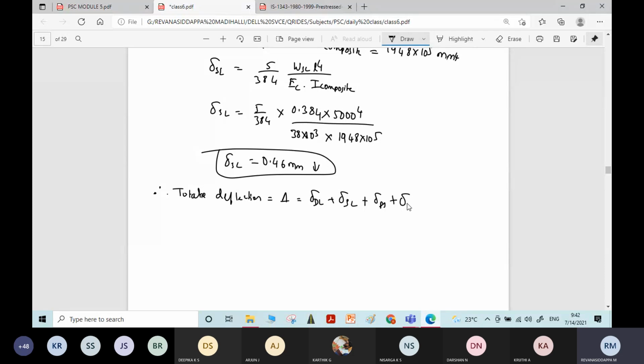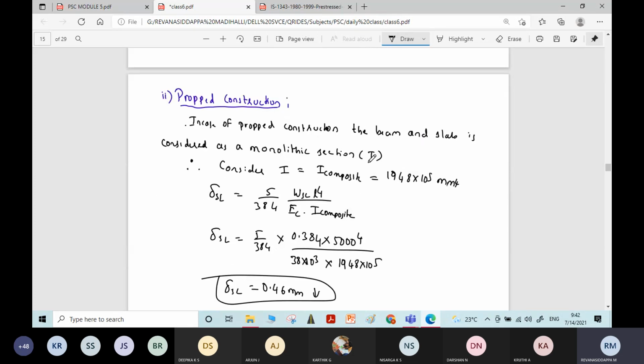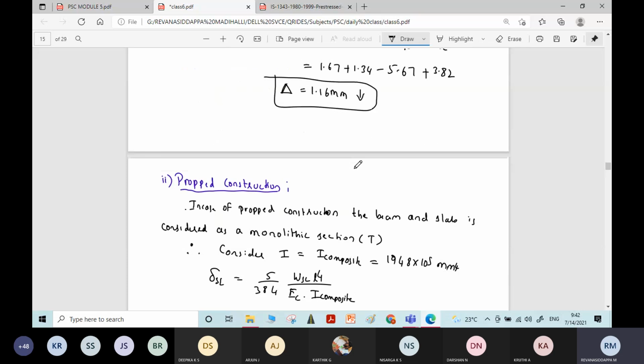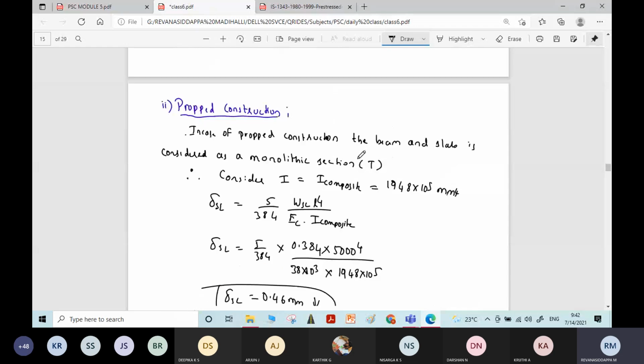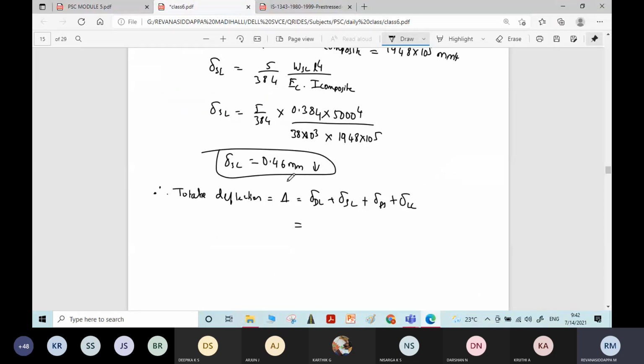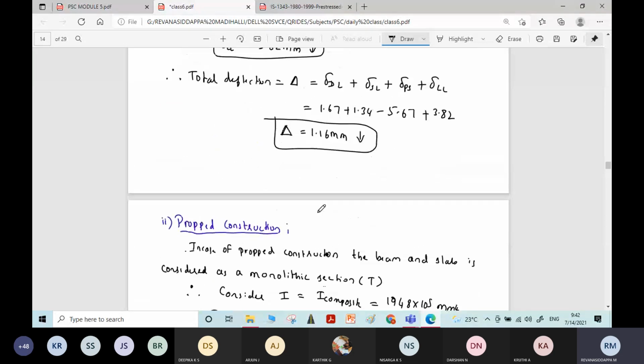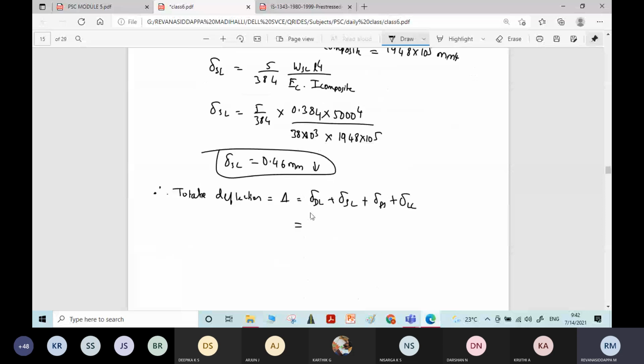Deflection due to dead load is 1.67. First this 1.67, 5.67, 3.82 remains the same. Instead of 1.34, you substitute 0.46. That's it. Okay, 1.67 plus 0.46 minus 5.67 plus 3.82.